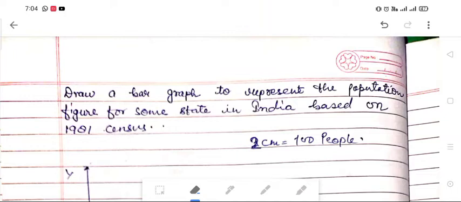In the second question, the question says to draw a bar graph to represent the population figures for some states in India based on the 1981 census. Okay student, this is the normal instruction of the question. Let's see the meaning of this question in Hindi.